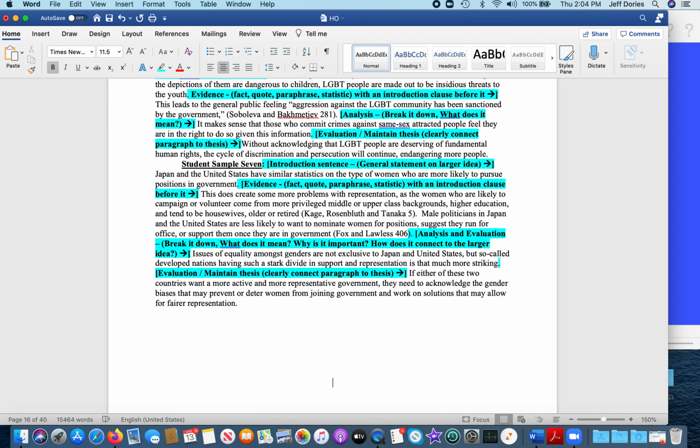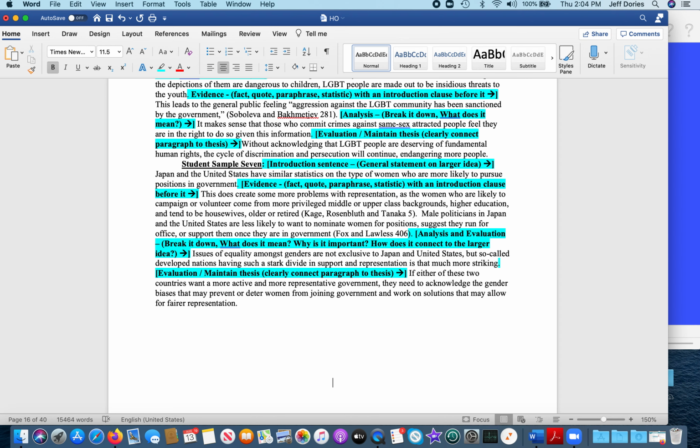In this case, she paraphrases the evidence rather than quotes. So make sure it's in your own language if you're paraphrasing. "This does create some more problems with representation, as the women who are likely to campaign or volunteer come from more privileged middle or upper class backgrounds, higher education, and tend to be housewives, older, or retired.